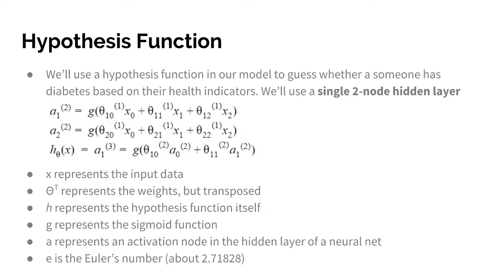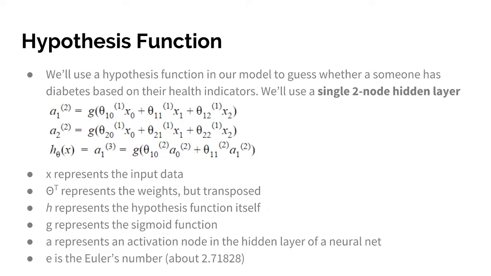So what we're doing here is basically multiplying all of our input data, x0, x1, x2, by a theta that's specific to that hidden node. This is theta 1, 0 of 1.